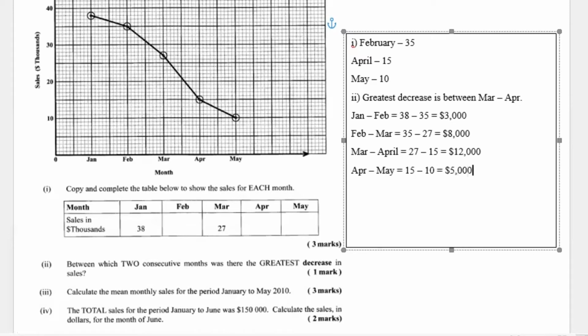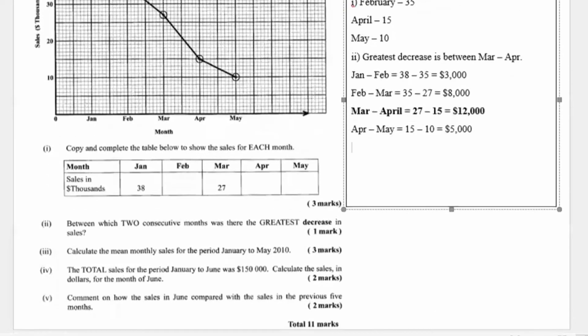So now looking at our numbers, we have $3,000, $8,000, $12,000, and $5,000. So again, we prove that the greatest decrease in sales is indeed between March to April, which is $12,000. There's $12,000 there, and that is our answer.